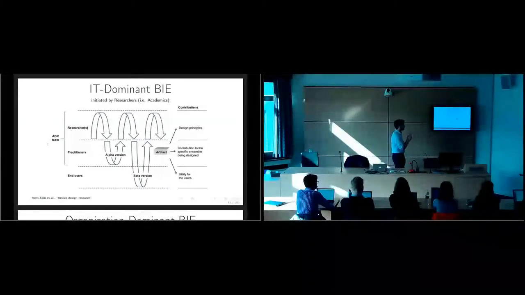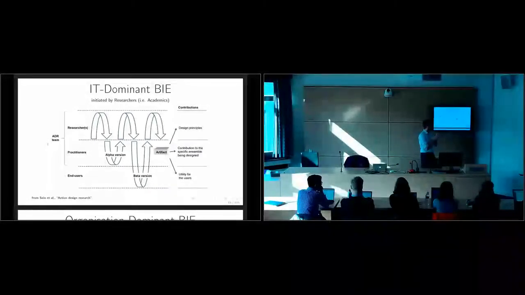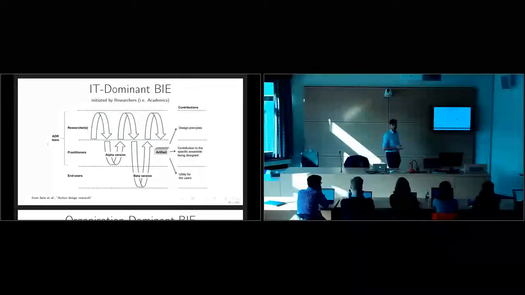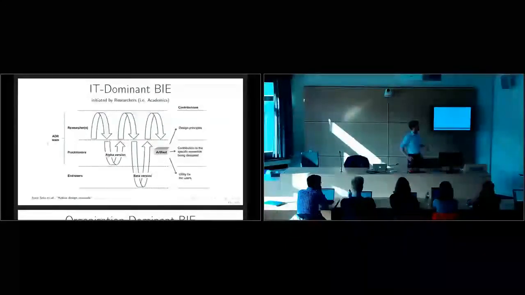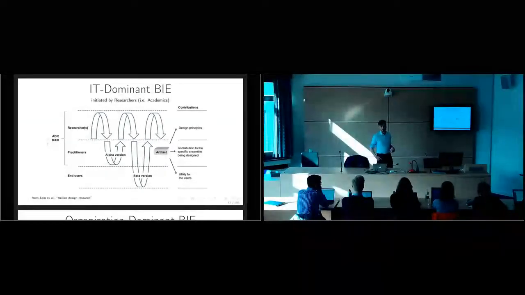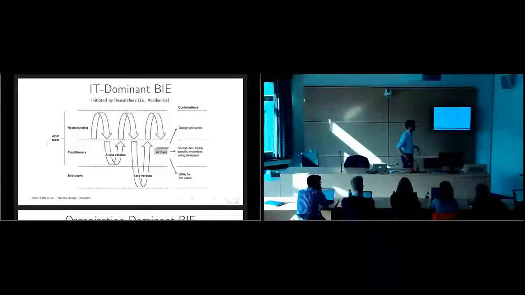Unfortunately, in most academic, the KPI for academics basically is publications. So after the first cycle, it's called the alpha version here, we have a test that it works, and most academics stop there. It's published, it's good, I'm fine with it.